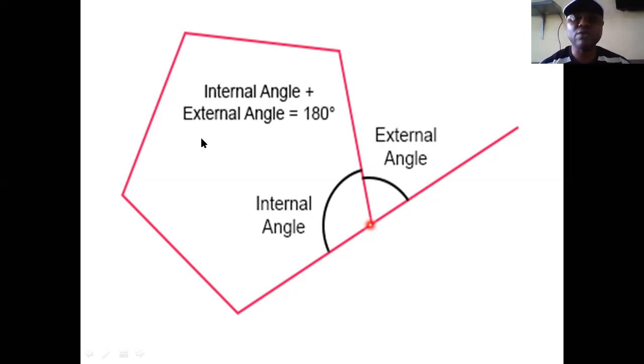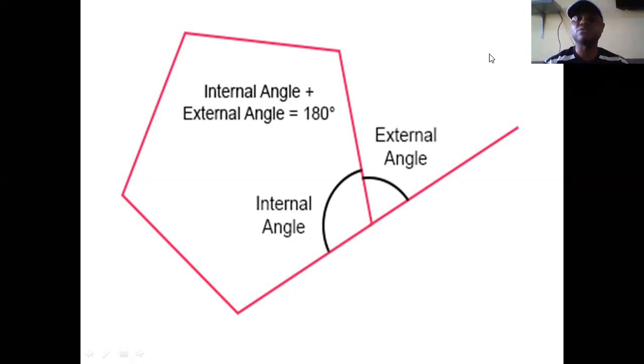So interior angle plus exterior angle is equal to 180. Please don't forget this. In any regular polygon, interior angle plus exterior angle equals 180.